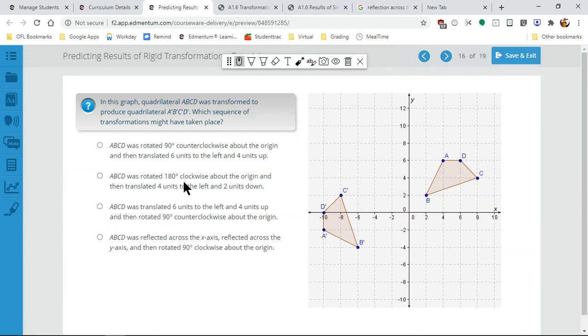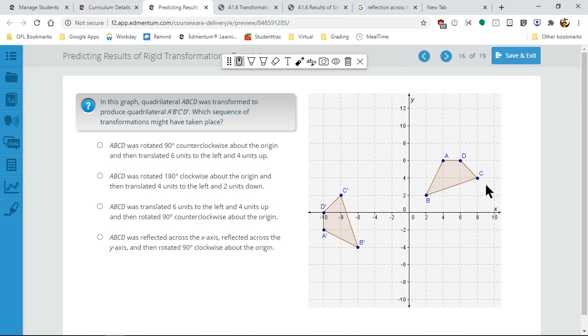All right. So this next one, how do I get from here to there? Well, if I look here, it looks like I rotated 90 degrees because this is positive, positive. So it can't be an entire rotation of 180.